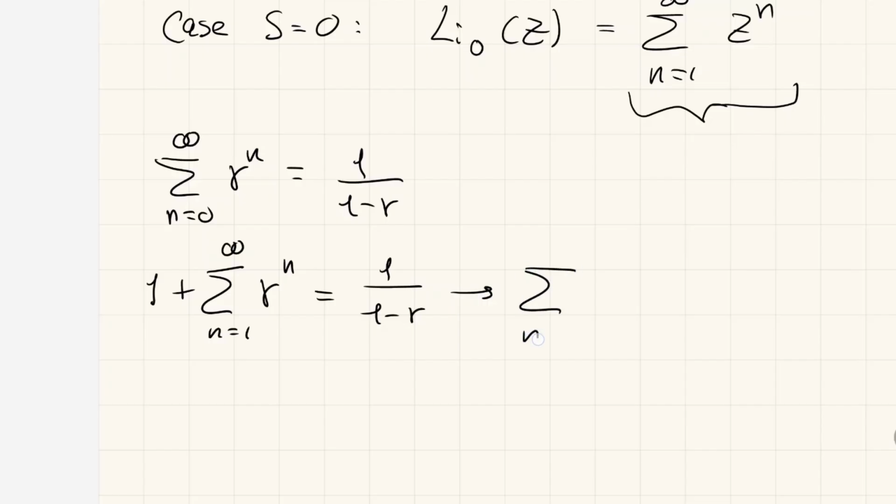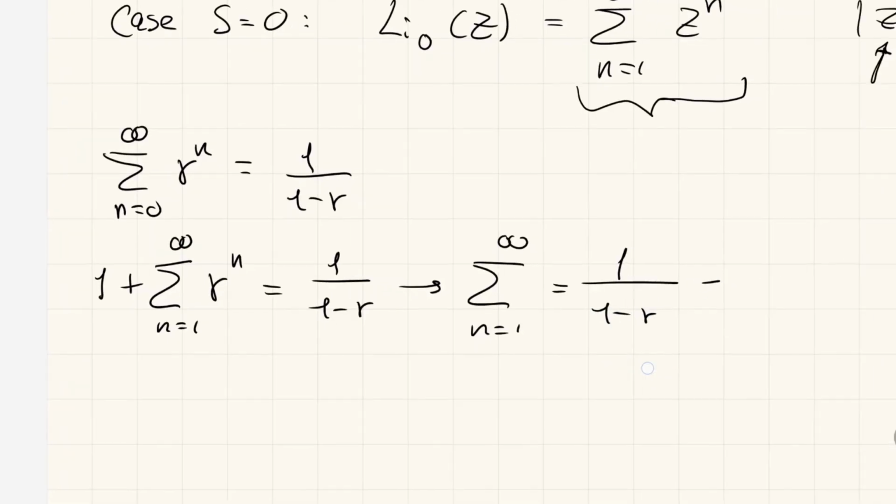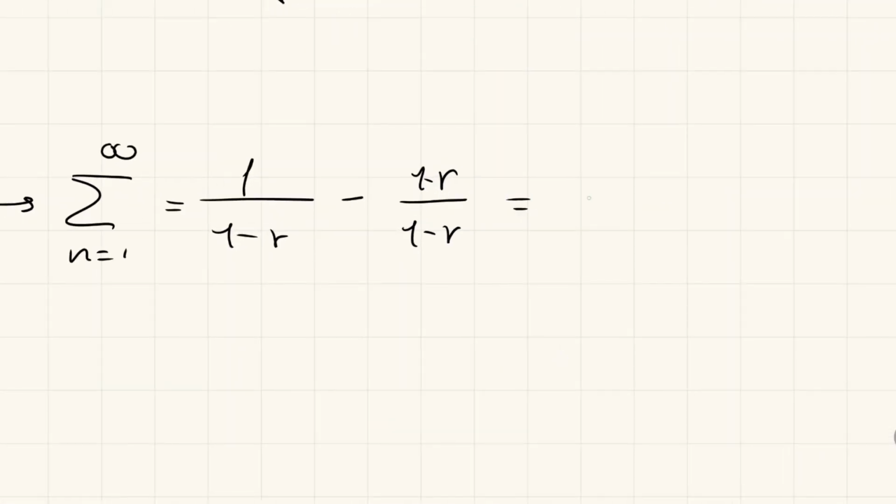And we get that the sum from n equals 1 to infinity is equal to 1 over 1 minus r minus 1, but that 1 we can rewrite as 1 minus r over 1 minus r, to get that this is r over 1 minus r.